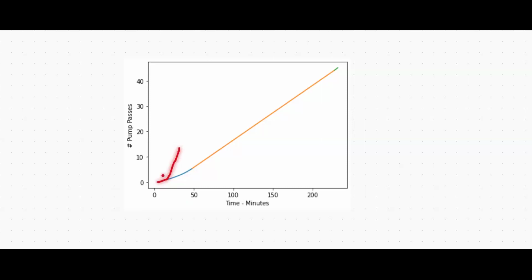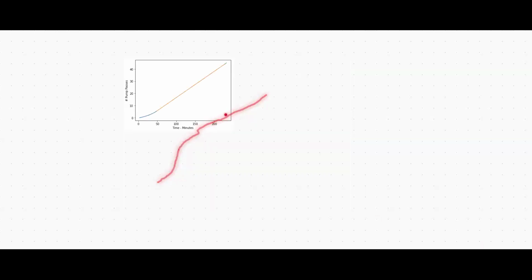Your number of pump passes will increase really quickly, and then they'll stay linear during diafiltration, and then if you have a big second concentration, maybe they'll start increasing exponentially again. So it's just some behavior you might see.